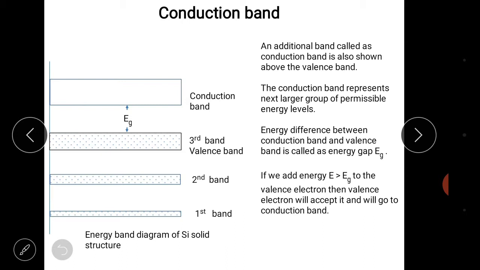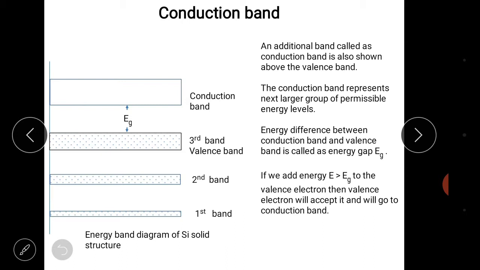The conduction band represents the next larger group of permissible energy levels. The energy difference between the conduction band and the valence band is called Eg. This energy gap is also called the forbidden energy gap.